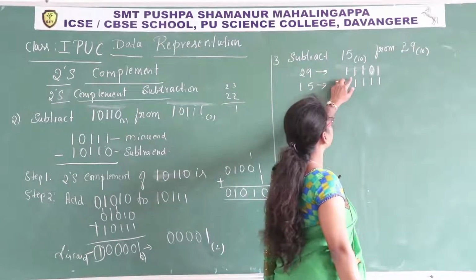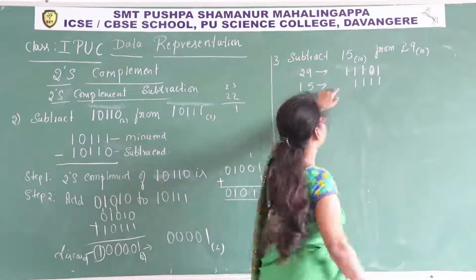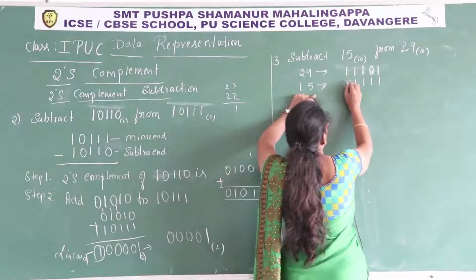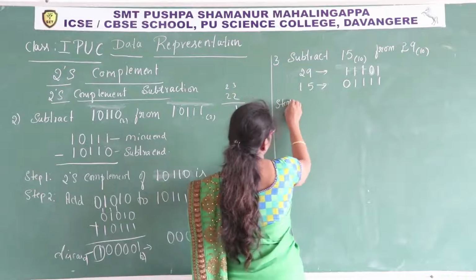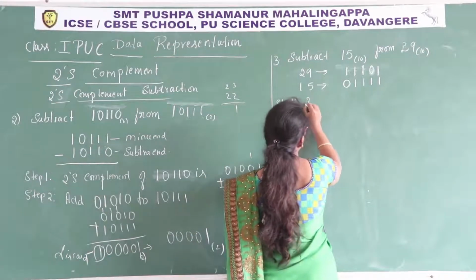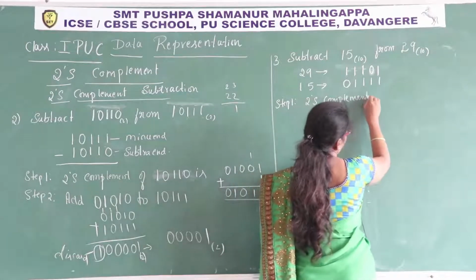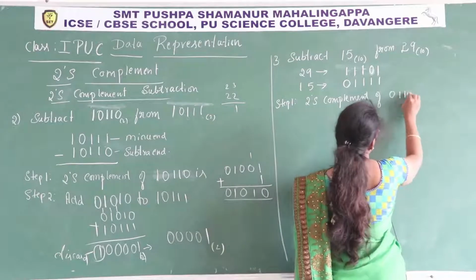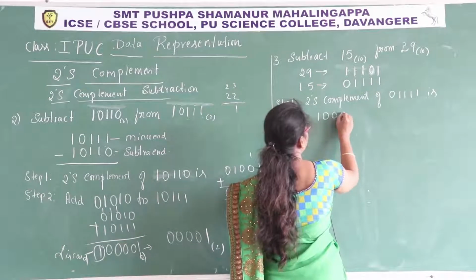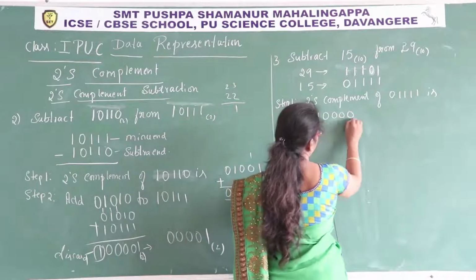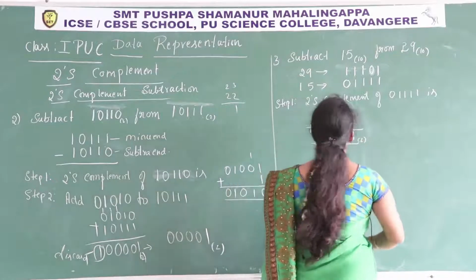Here 5 bits are there and here 4 bits, so we have to balance them equally. To balance we have to add a 0 here. Now step 1: 2's complement of 01111 is 10000 plus 1, which gives 10001 base 2.